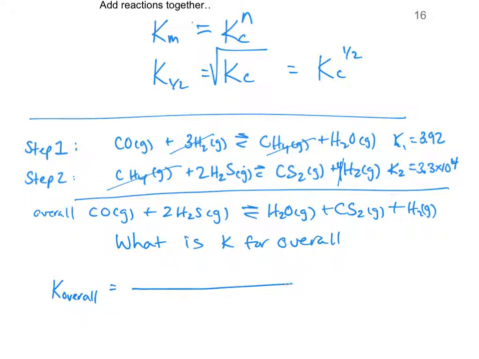K overall is going to be equal to the concentration of H2O times the concentration of CS2 times the concentration of H2 divided by the concentration of CO times the concentration of H2S squared.